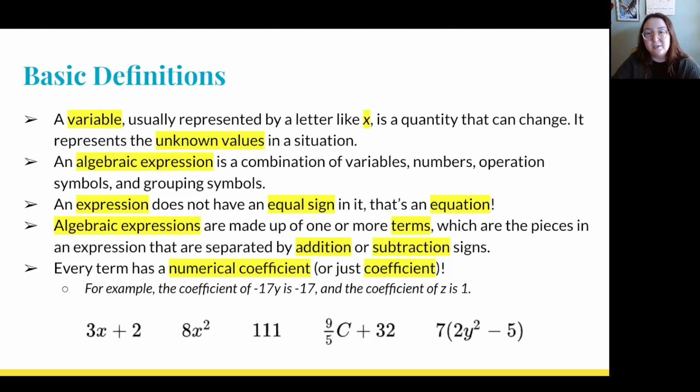Now, if it looks like your variable does not have a number in front of it, for example, z, if you just have z, the coefficient is always going to be 1. So that's always important to remember.